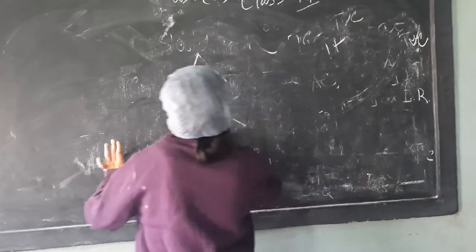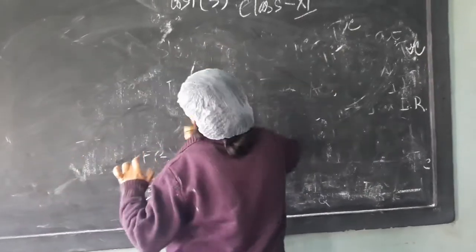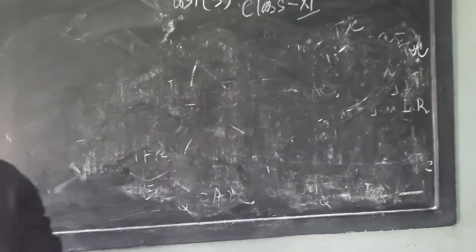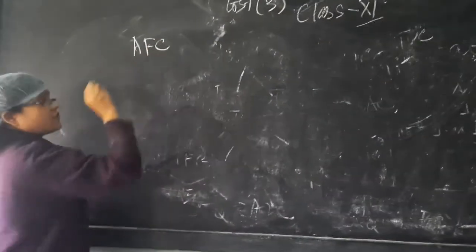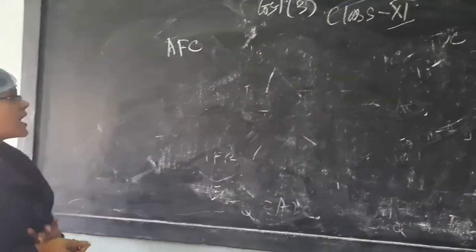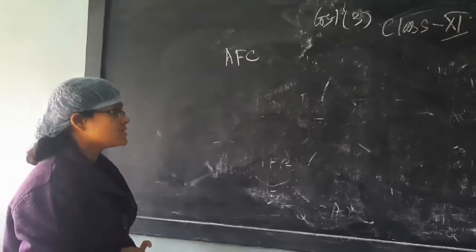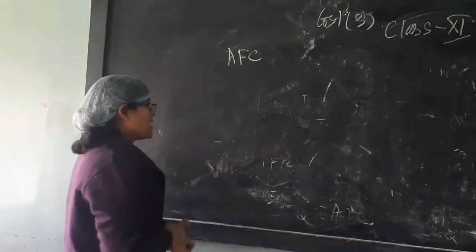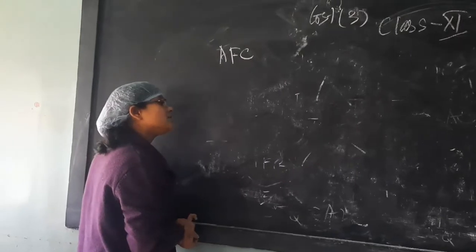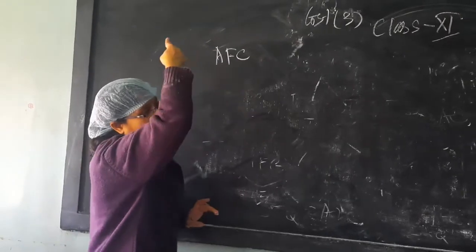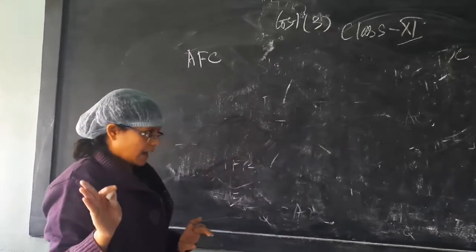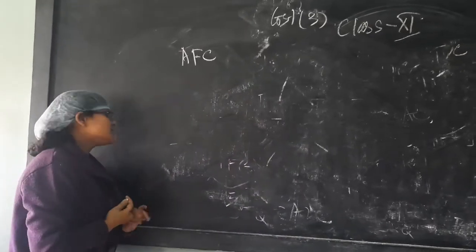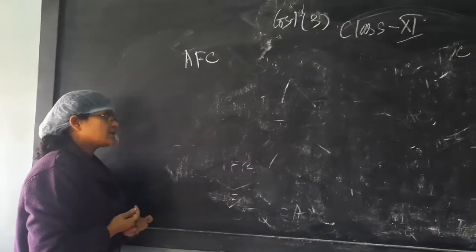Read this chapter very thoroughly. Questions will come. See, first one, AFC. AFC is a curve which is falling from the beginning because it is an average of TFC, which is constant. So AFC is known as a downward sloping curve. It will fall from the beginning, but it cannot be 0 because TFC cannot be 0.